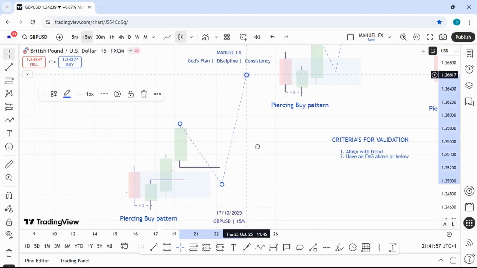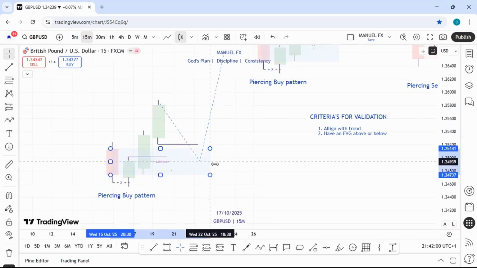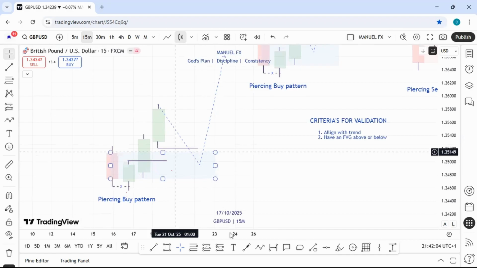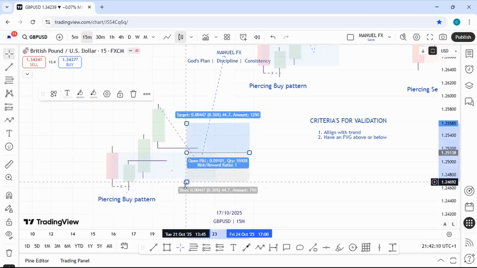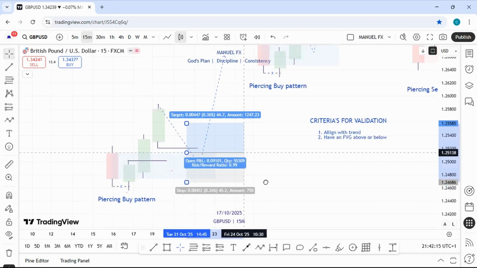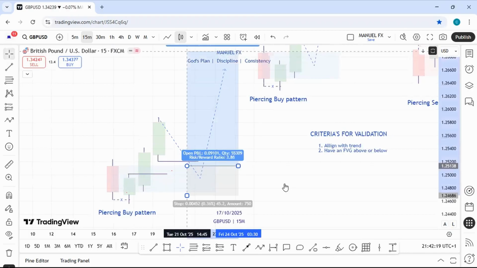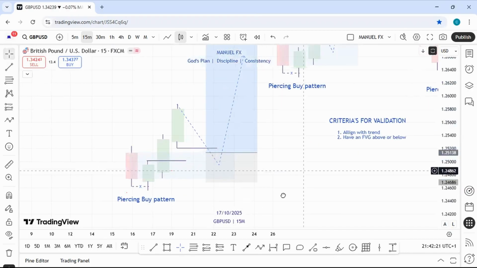And now once your POI aligns with this fair value gap, automatically you're actually in a good position, because price will come back and tap you in, close the fair value gap, and go straight to your take profit.